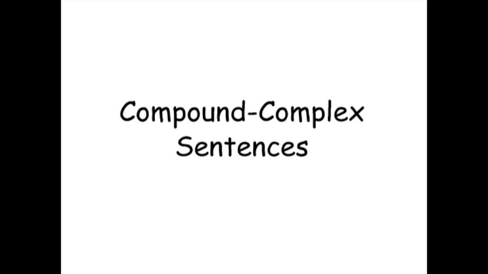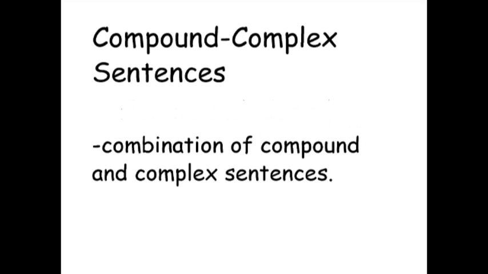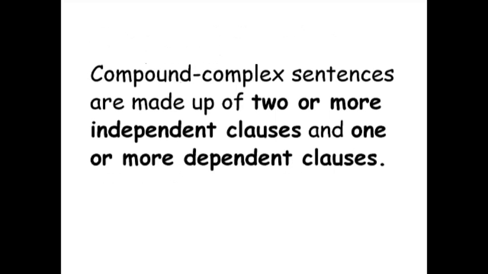Down to our last kind, the compound complex sentence. Now, you may have an idea what does this do because of its name. So, it is a combination of compound and complex sentences. How? Compound complex sentences are made up of two or more independent clauses and one or more dependent clauses.